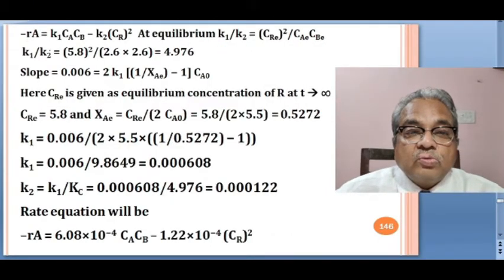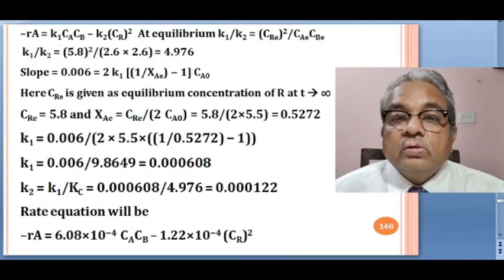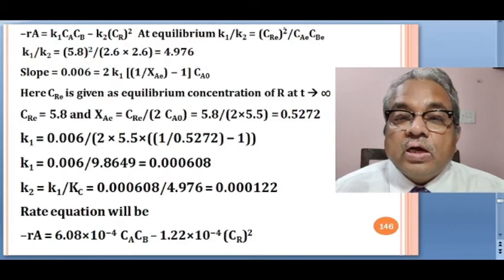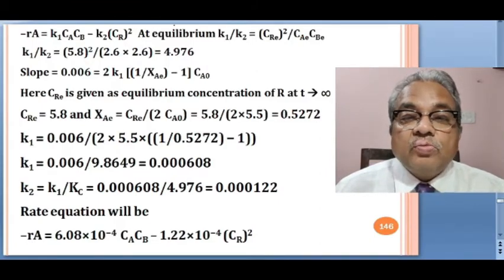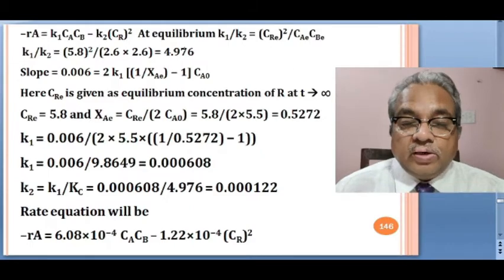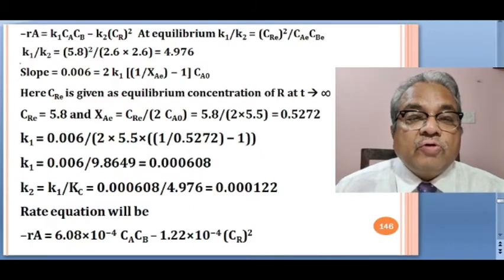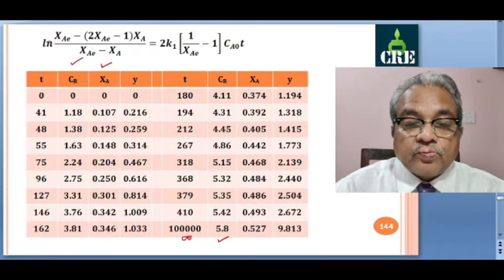Here the reaction is of the form minus Ra is equal to K1 Ca Cb minus K2 Cr squared. At equilibrium, K1 by K2 is nothing but CRE, the equilibrium concentration, squared, divided by Ca at equilibrium and Cb at equilibrium. So we can find K1 by K2.